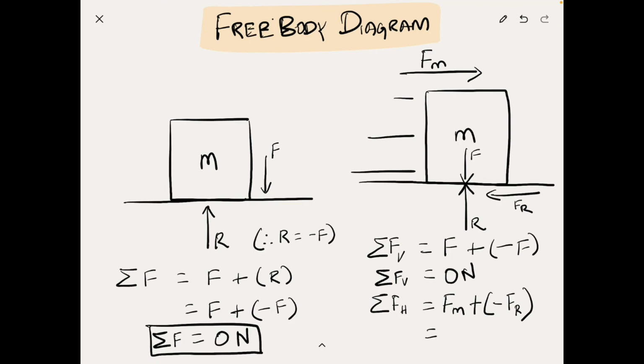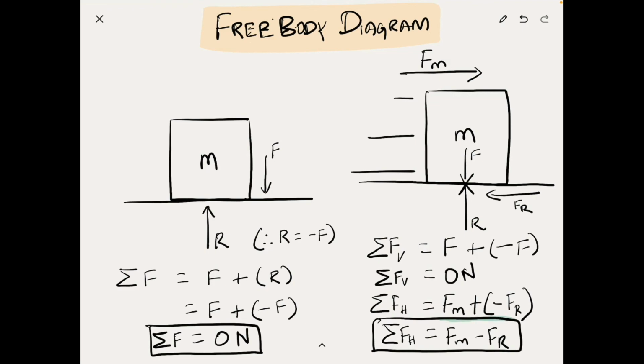So this would be equal to Fm minus Fr. So we have an equation now that summation of Fh, the net force along the horizontal direction, would be equal to Fm minus Fr, where Fm is the force that is causing the motion and Fr is the force acting against the motion due to friction.